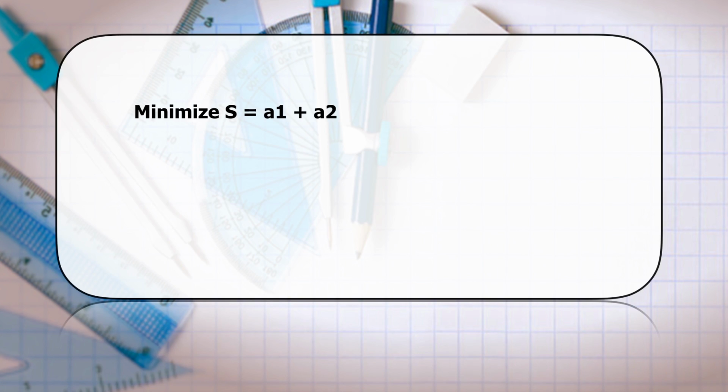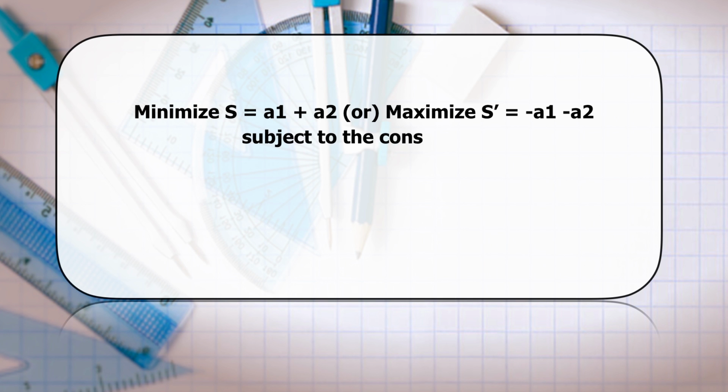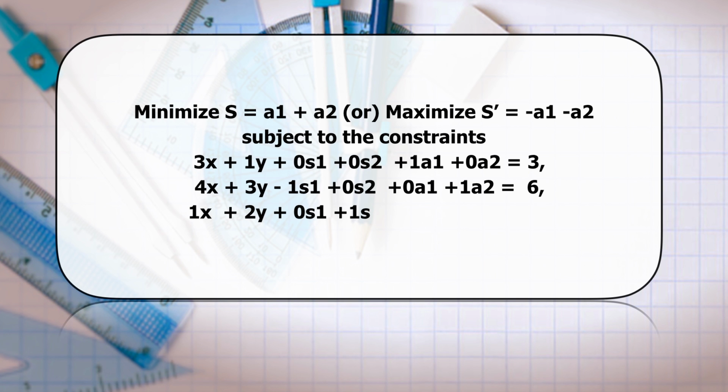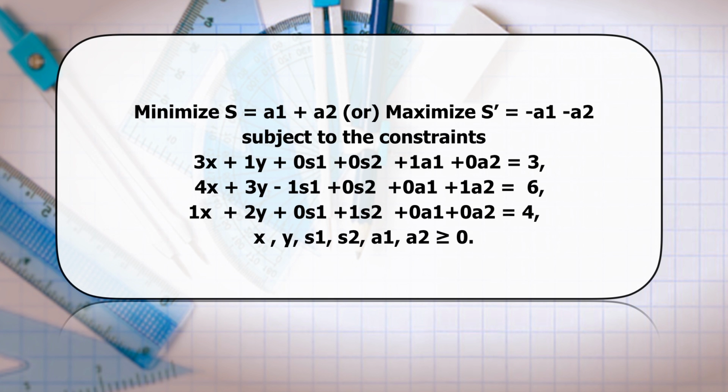Minimize s = a1 + a2, or maximize s' = -a1 - a2, subject to the constraints 3x + 1y + 0s1 + 0s2 + 1a1 + 0a2 = 3, 4x + 3y - 1s1 + 0s2 + 0a1 + 1a2 = 6, 1x + 2y + 0s1 + 1s2 + 0a1 + 0a2 = 4, where all the variables x, y, s1, s2, a1, a2 are greater than or equal to 0.